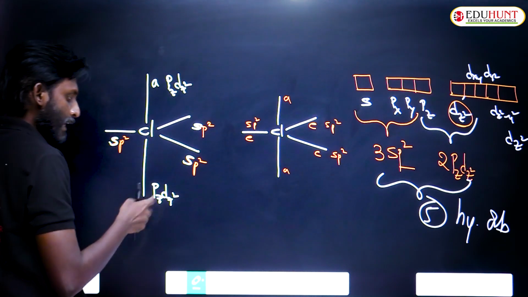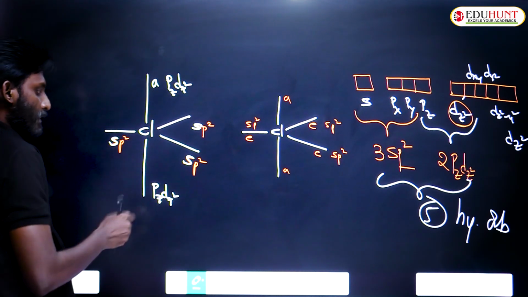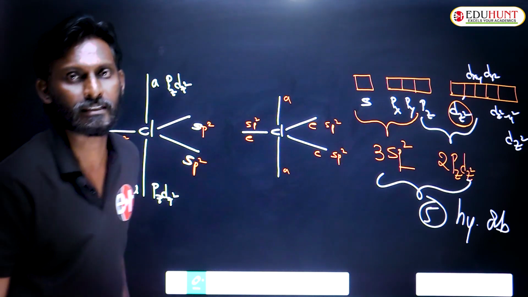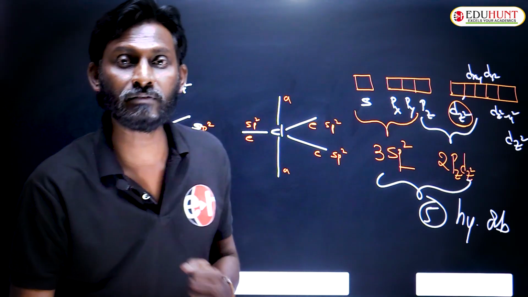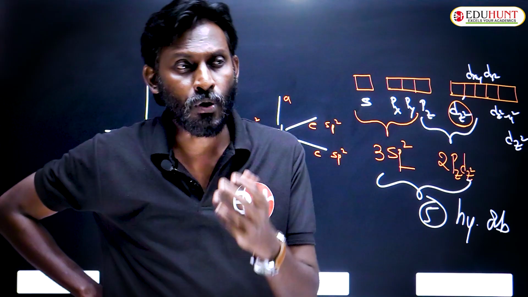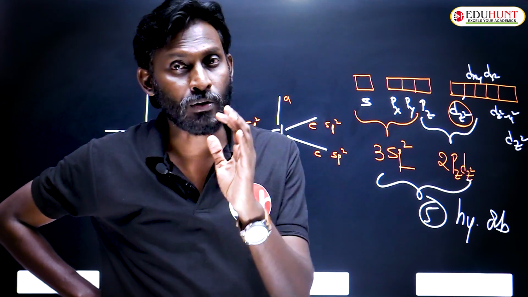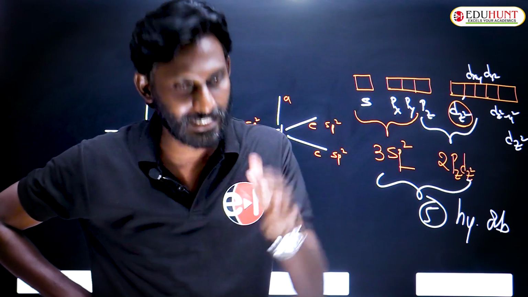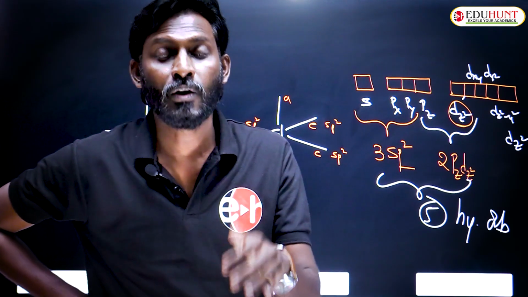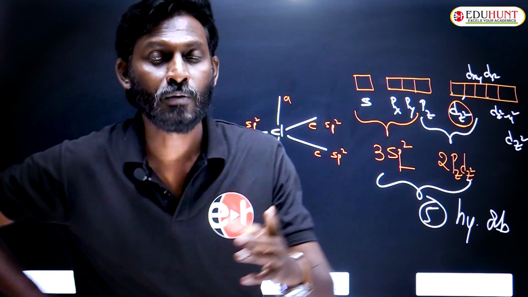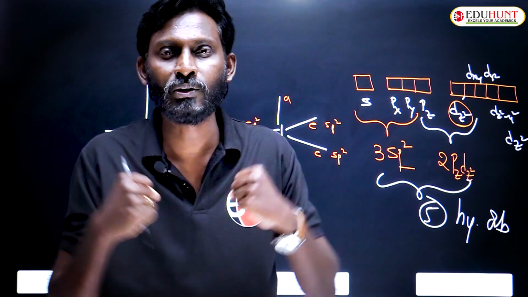That hybrid orbital has pd character, no s character. Both the axial orbitals have no s character. Now what happens if there is no s character? You can say more s character means more electronegativity. Always remember, more s character in the orbital means more electronegativity. More electronegativity means more power to hold lone pairs.